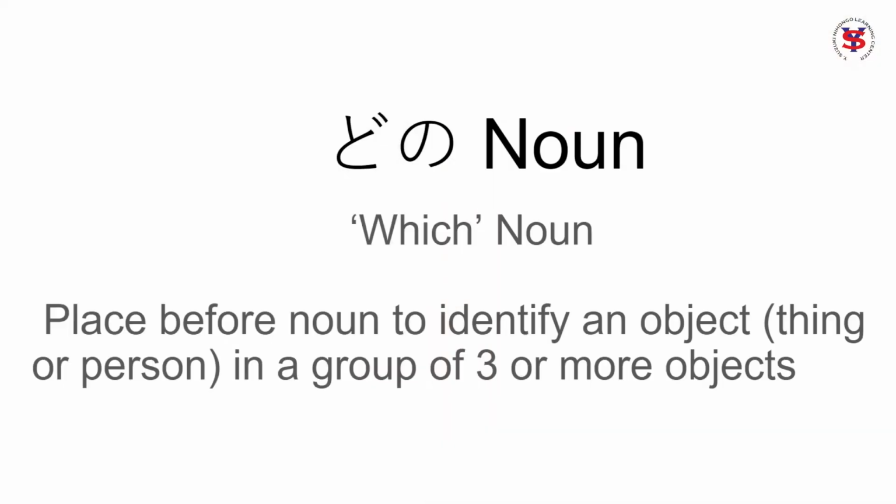Sa ngayon, pwede na rin natin gamitin ito para sagutin ang interrogative words tulad ng dore, which is used when asking someone to specify one item out of a list of 3 or more. And dono, noun, which noun is used to modify a noun.